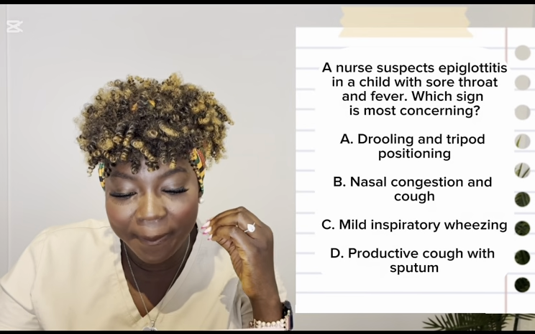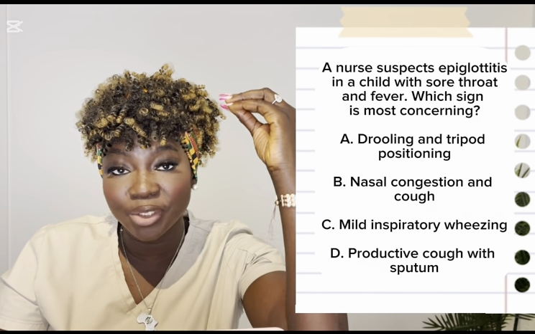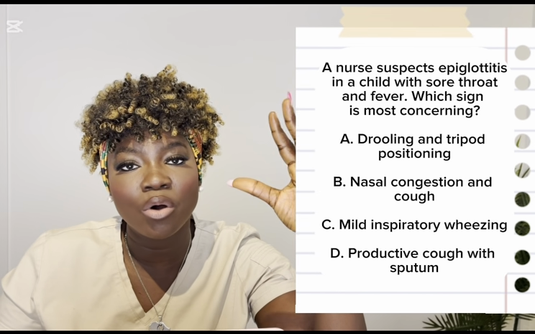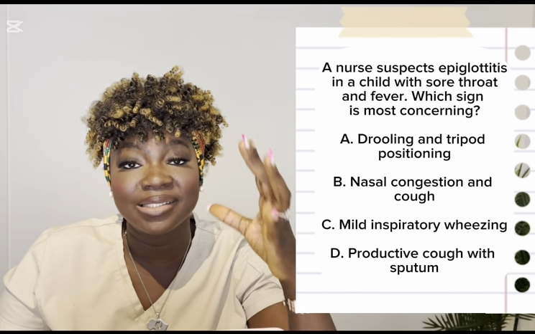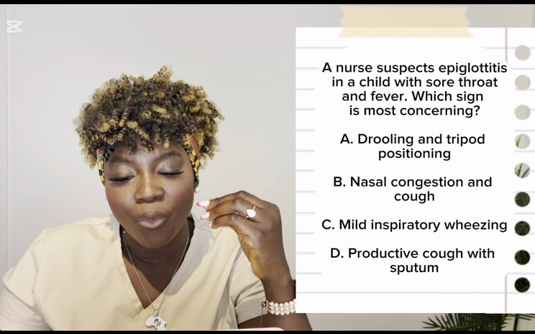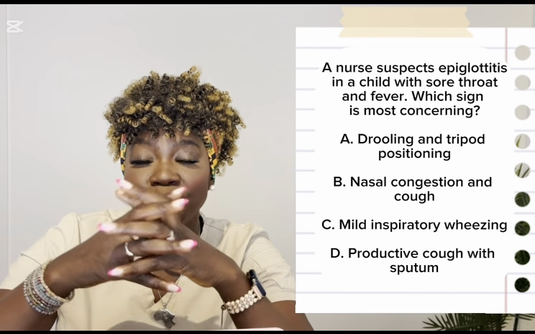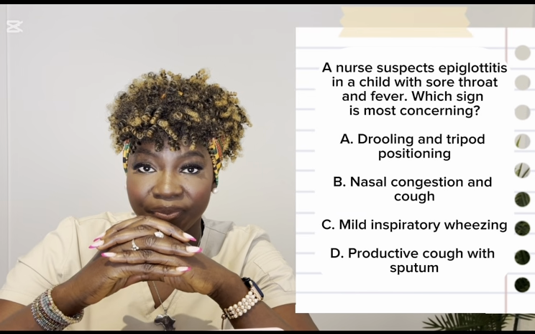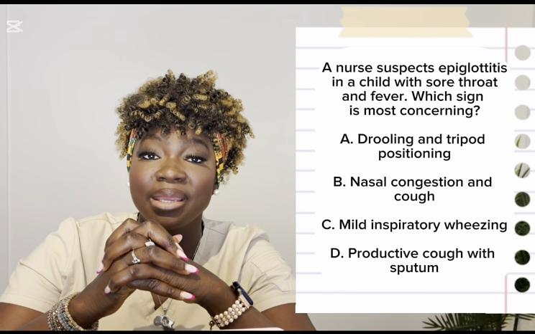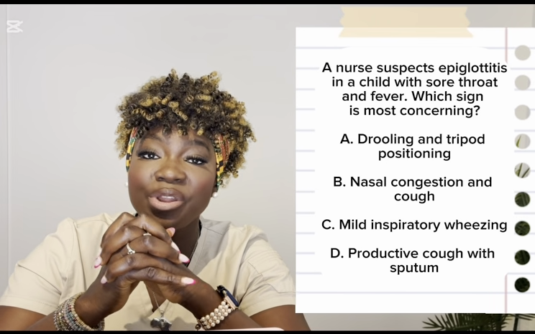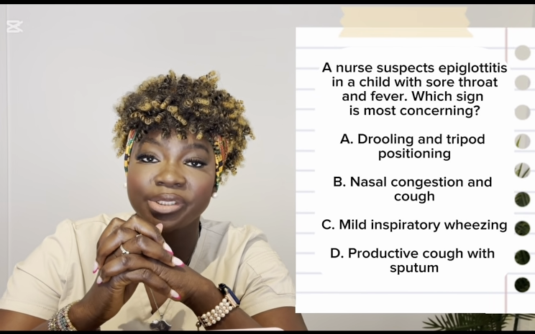Okay, so that makes D wrong, and we are still sticking with A, even though drooling and tripod positioning are common signs and symptoms of epiglottitis. But when you see it, you know that they are in severe obstruction of the airway. The airway might be narrowing or obstructed.